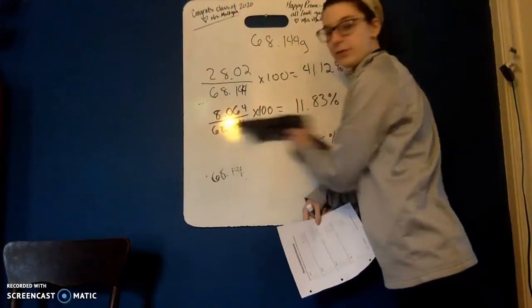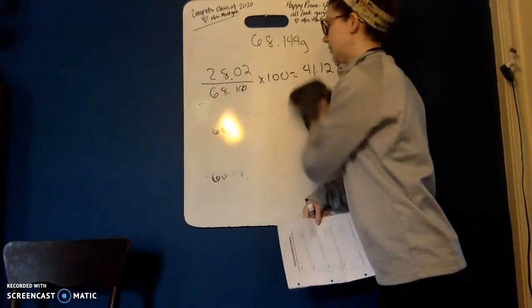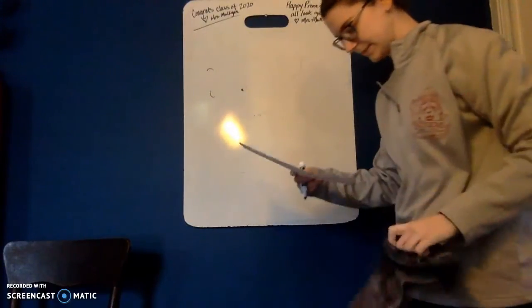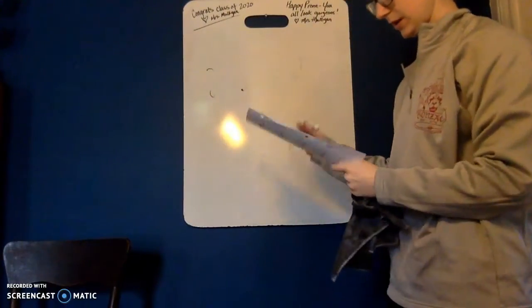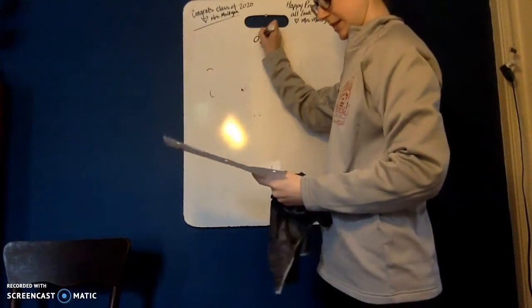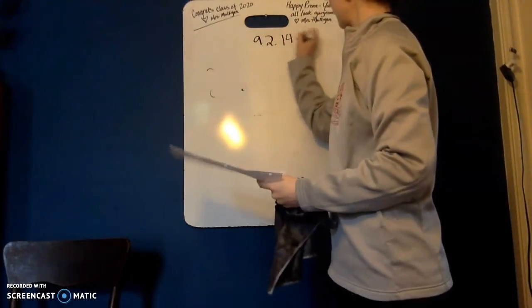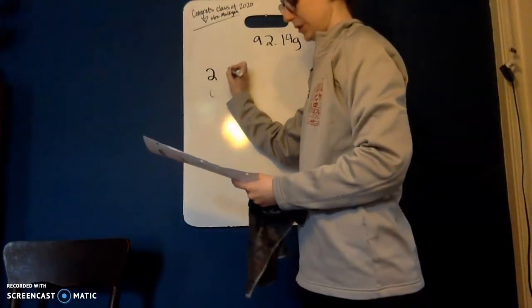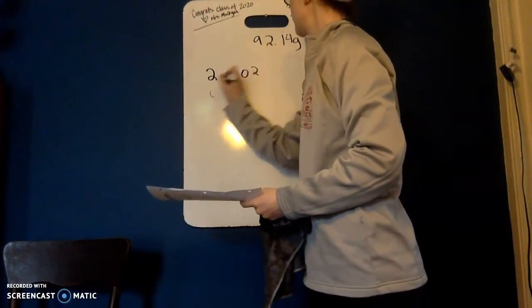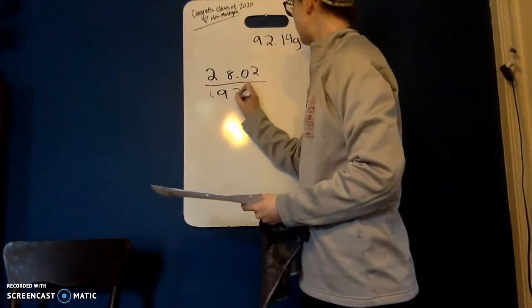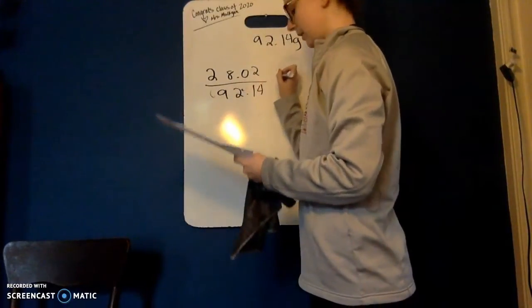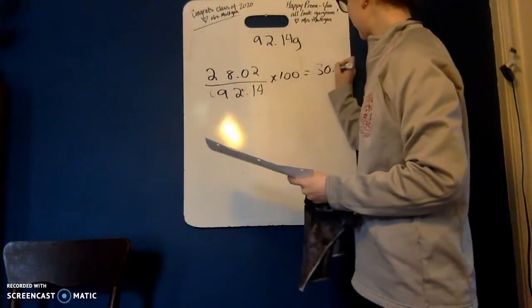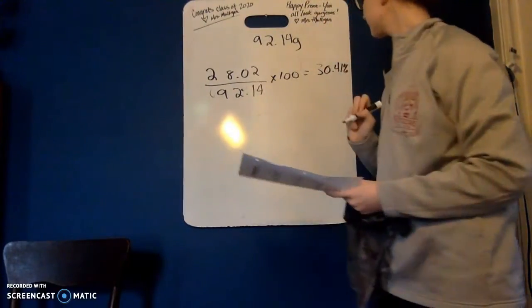And then finally on the front we have number 4. The percent composition of N2S2. The total molar mass of N2S2 is 92.14 grams. For the percent of nitrogen, I have the molar mass of 2 nitrogens, 28.02, divided by that total, 92.14, multiply by 100, and I get 30.41%.